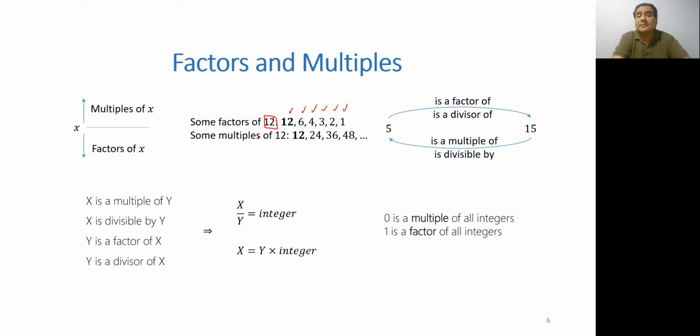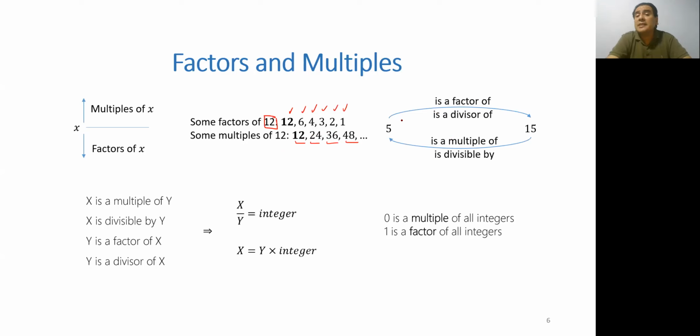On the other hand, a multiple of 12 would be a number that contains 12 an even number of times, okay? So that is, for example, 12, 24, 36, 48. If you divide all these numbers by 12, you also get an integer. So these two concepts are actually reciprocal.